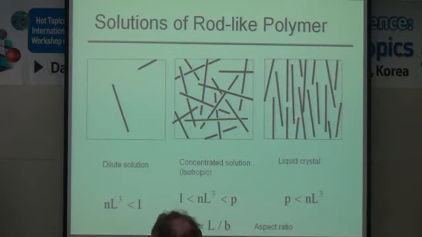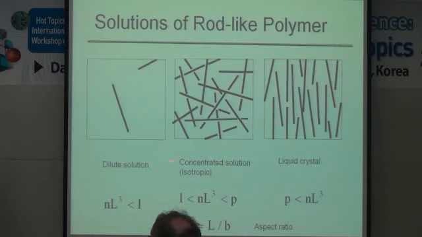Theoretically, Onsager showed that if the length of the rod is L, and n stands for the number density, the number of polymers per unit volume, if nL^3 is less than 1, you have dilute solutions.